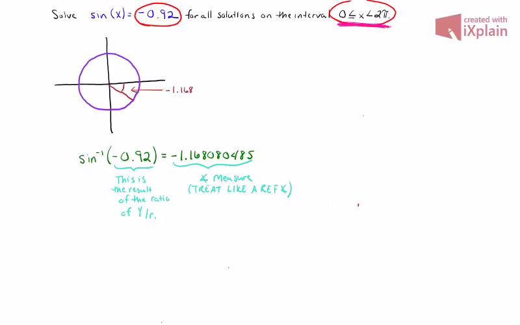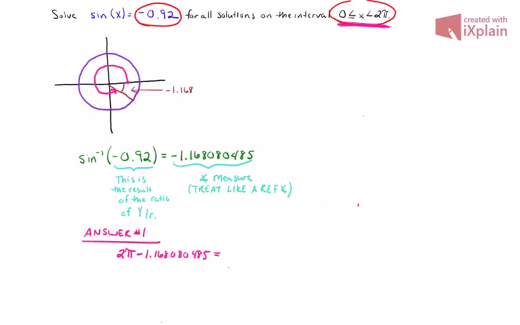So I need to rewrite this. In other words, one of my answers is going to go from the initial side, going in the counterclockwise motion, and it's going to continue until I hit that terminal side. So one of my answers, we'll just note it here, answer number 1, is going to be that full 2 pi minus my 1.168080485.